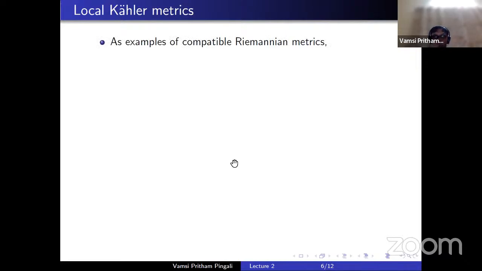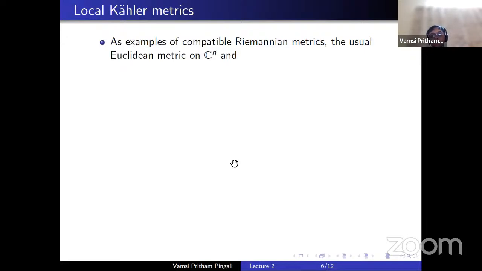So as examples of compatible Riemannian metrics, let's look at examples. The usual Euclidean metric on C^n, thinking of C^n as simply R^2n. You have the usual Euclidean metric. That is a compatible Riemannian metric because J in this case is simply a rotation.